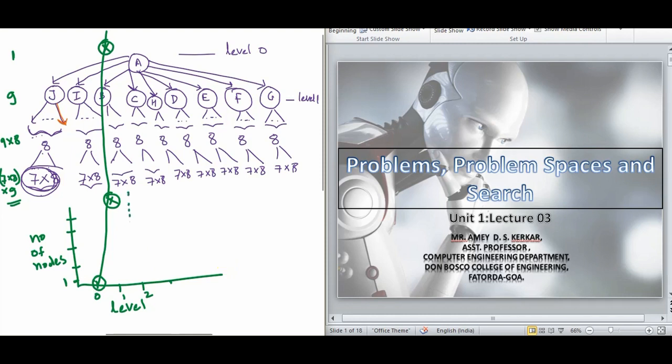After playing this game, either player 1 or player 2 should reach a final state, say F, and the final state could be something like this. Say for player 1, one of the final states could be like this, and so on.